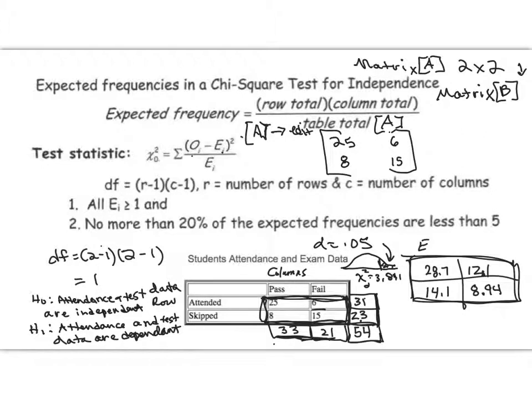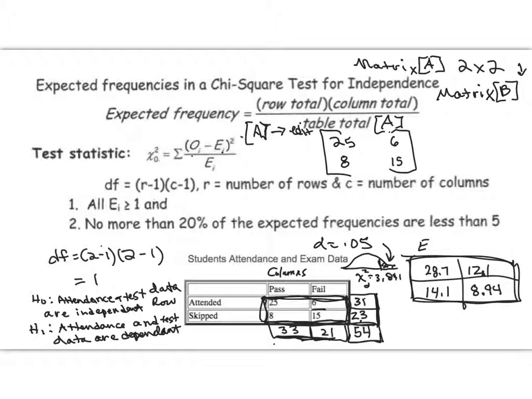And now I want you to go back into the matrix menu. So you're going to press second x to the -1, and you're going to go over to edit, and when you're in the edit menu, you're going to scroll down to B. And when you get matrix B at the top, you're going to change that to 2 by 2 as well.